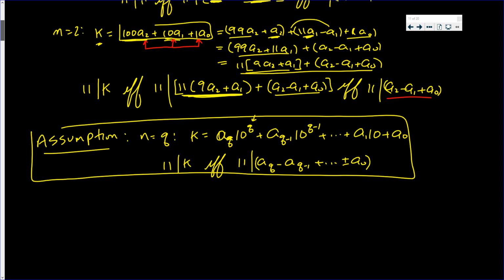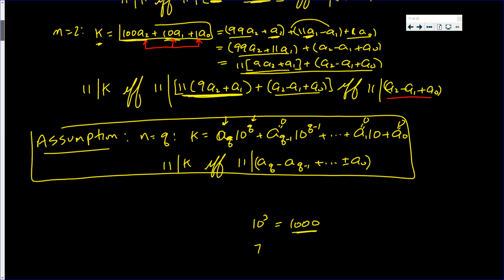Now, please understand that any one of these, or all of them, can be 0, except this one. We're assuming it's really q plus 1 digits. It's going to have q plus 1 digits. You know, if it's 10 cubed, well, that means it's at least 1,000, so it has 4 digits.